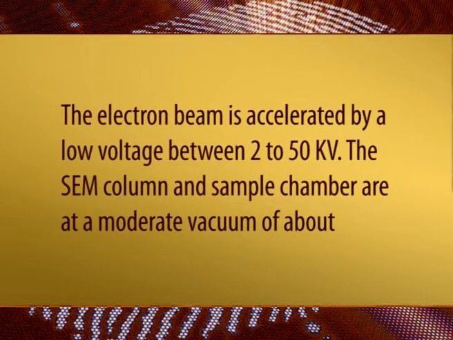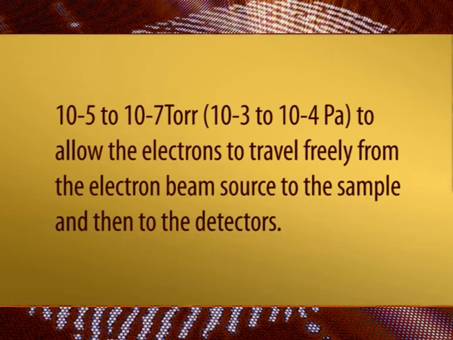The electron beam is accelerated by low voltage between 2 to 50 kilovolts. The SEM column and sample chamber are at a moderate vacuum of about 10^-5 to 10^-7 torr, 10^-3 to 10^-4 pascals, to allow the electrons to travel freely from the electron beam source to the sample and then to the detectors.